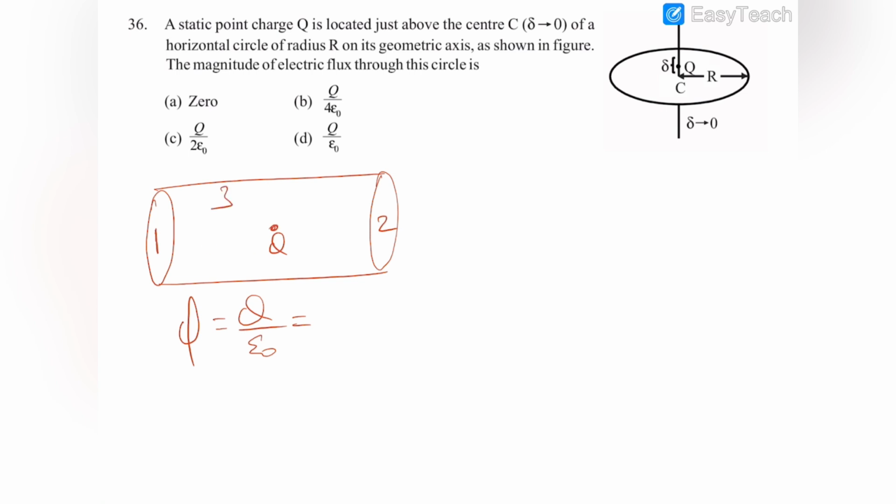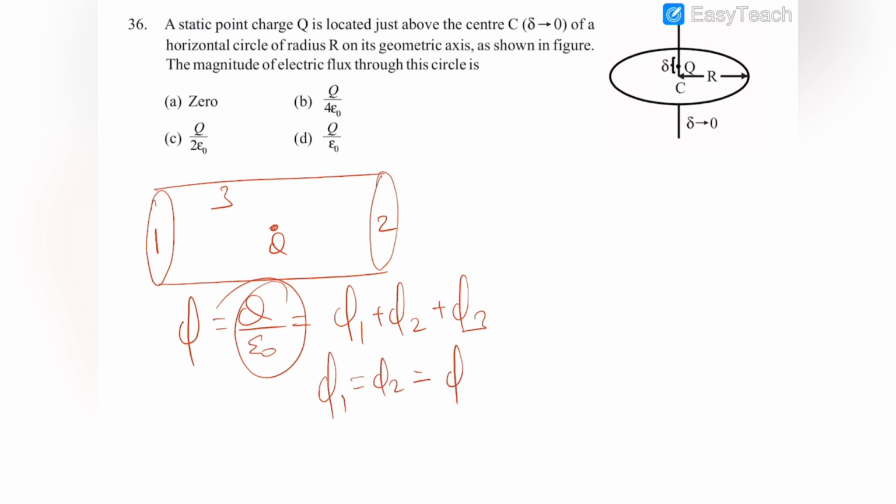So we can see that flux of 1 plus flux of 2 plus flux of 3 is q by epsilon naught, and out of that, flux of 1 and flux of 2 would be the same because they are symmetric. So let us suppose that this is phi naught. So phi will be equal to 2 phi naught plus phi 3, which is the flux of the curved surface.